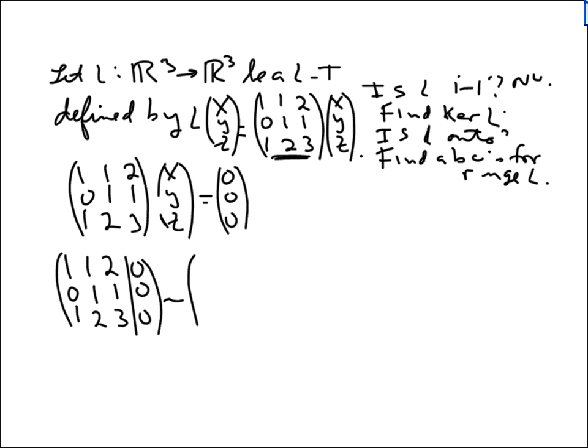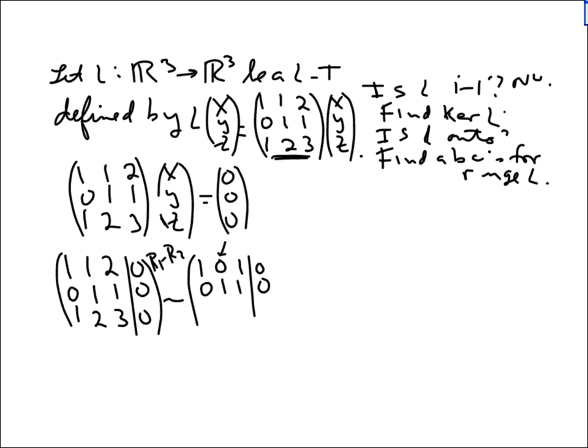I'll keep the first two rows the same. In fact, to be quick, I'll do row 1 minus row 2: 1, 0, 1, 0. So I got my 0 there already. 0, 1, 1, 0.